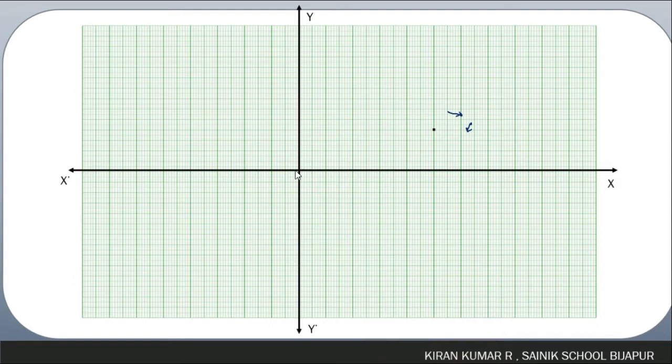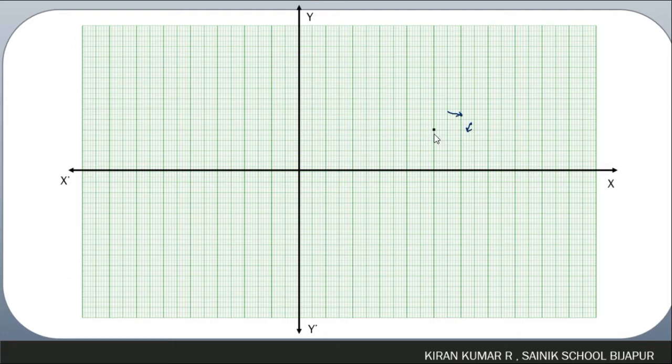Horizontal line is the x-axis, represented with x dash. Vertical line y dash is the y-axis. If there is a point on a plane, this particular point will be at some distances away from the x-axis and the y-axis.